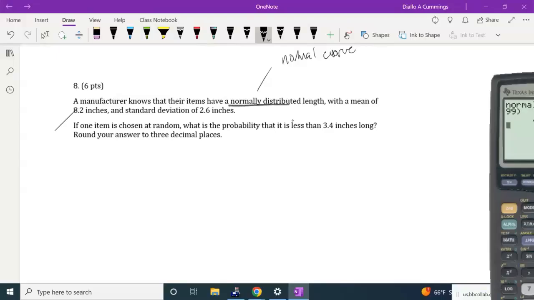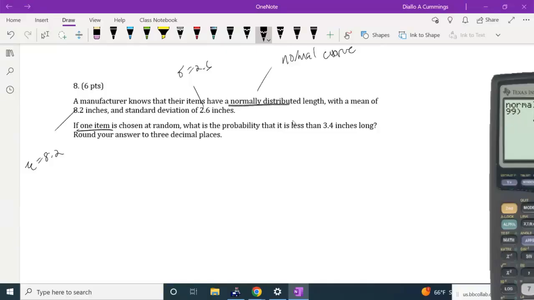It has a mean of 8.2, a standard deviation of 2.6. If one item is chosen at random, what is the probability that it is less than 3.4 inches long?